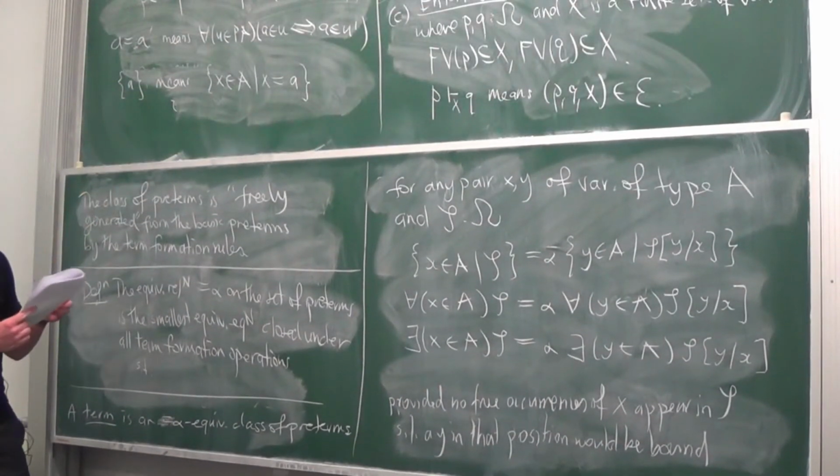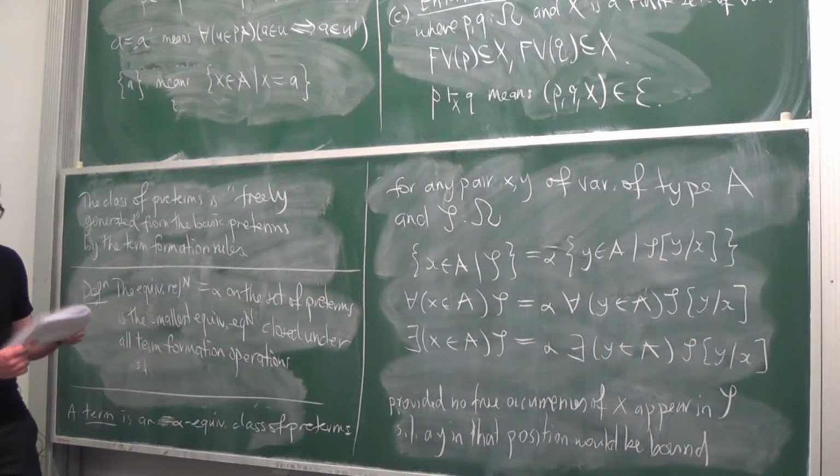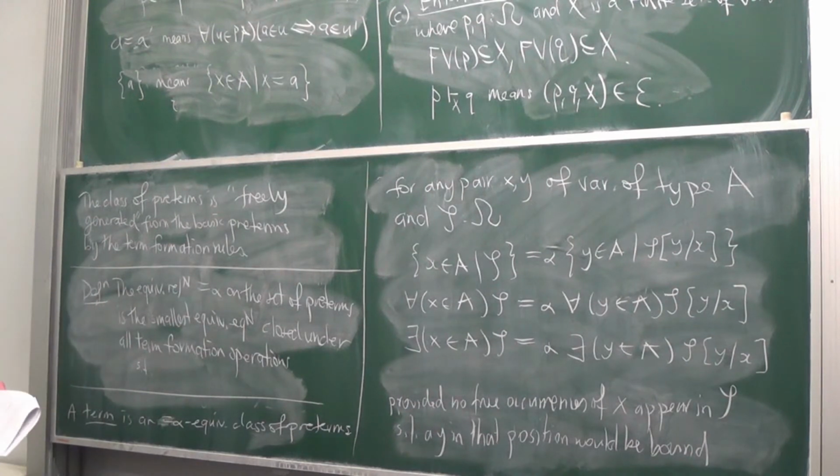Okay, so then we've got 1, 2, 3 families of rules for entailment, which is to say, the type theory is, as I said, a collection of types, a collection of terms, but really it's a collection of basic terms and term formation operations, because the terms are freely generated. It's also an entailment relation.